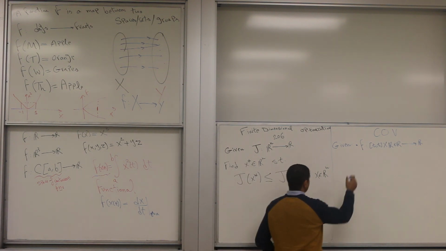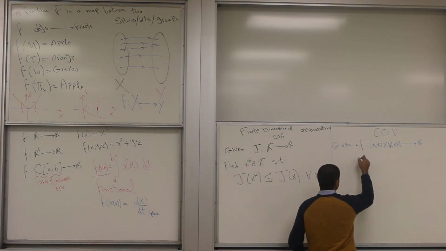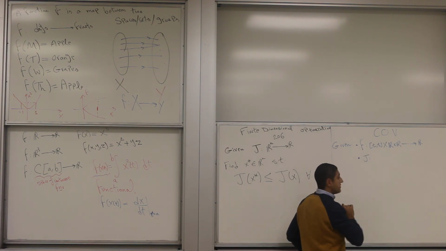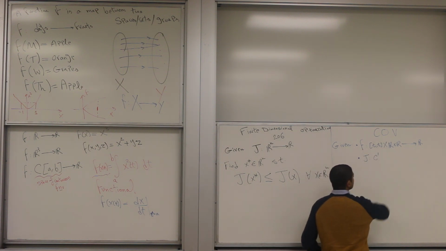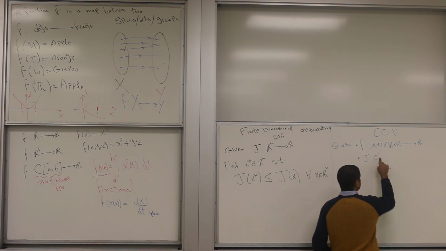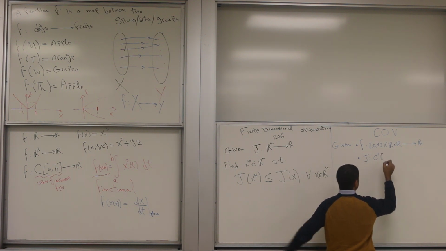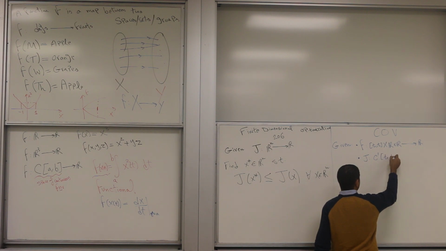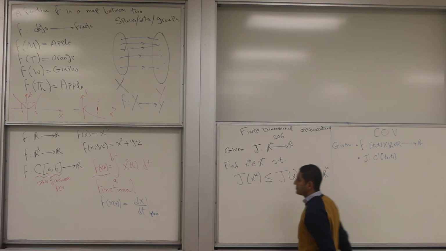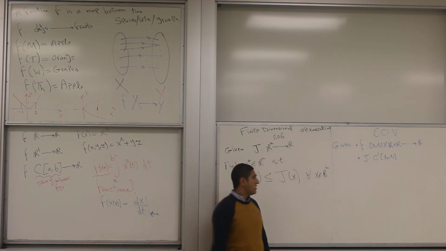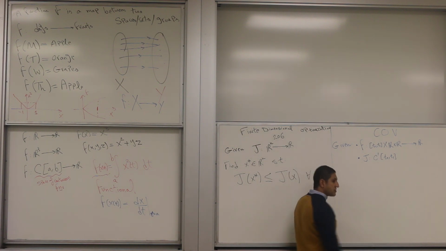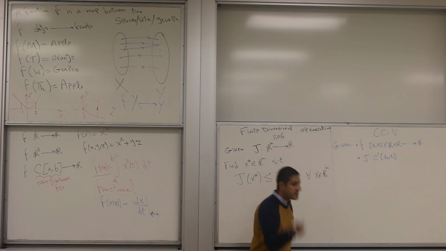Okay? What else are we given? We are given J that takes an element. You remember C, AB over there? What was C, AB? It was the space of continuous functions. We put 1, then this is differentiable. Put 2, and this is twice differentiable, and so on.